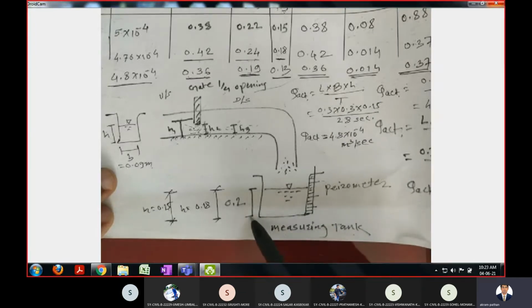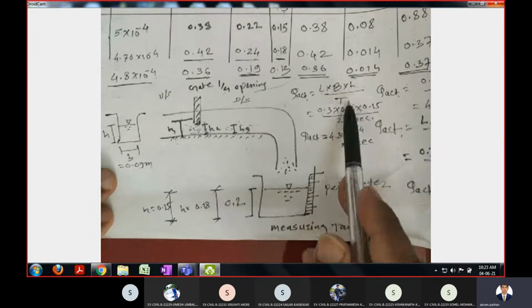For example, we have assumed 0.2, that is a 20 centimeter rise. With respect to this 20 centimeter rise, how much time will it take? With the help of a stopwatch, we have to take that time.